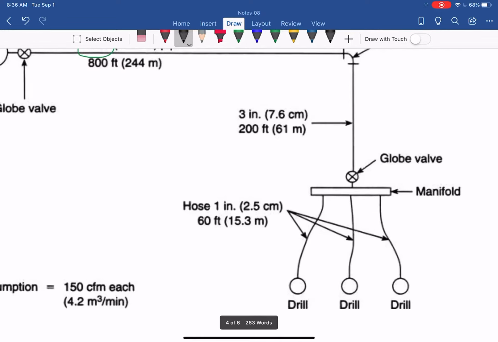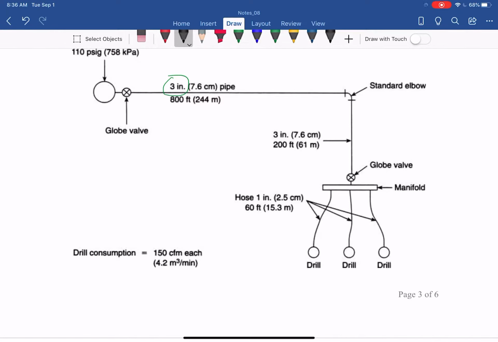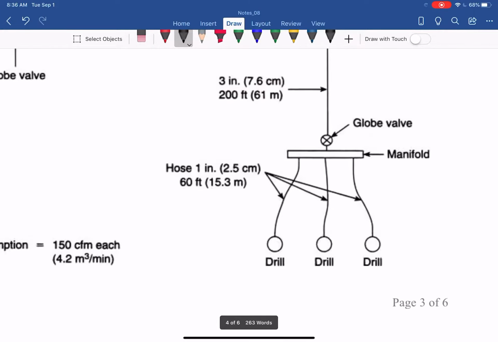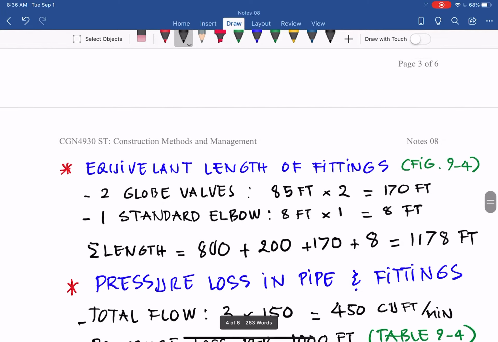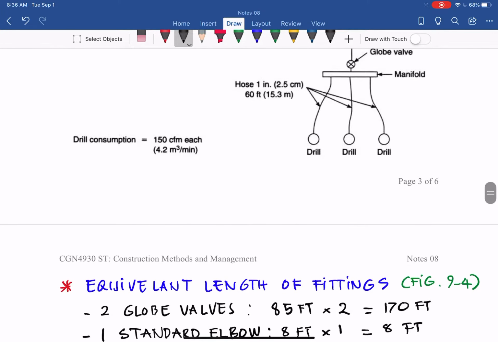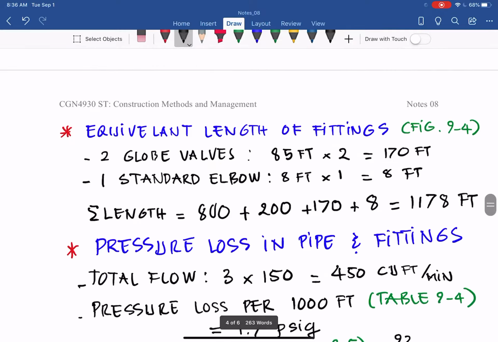So far we go to the pipe, and now go through the manifold, and then go to the hose, and go to the drill, and that continue before we find out what is the pressure at the tool.